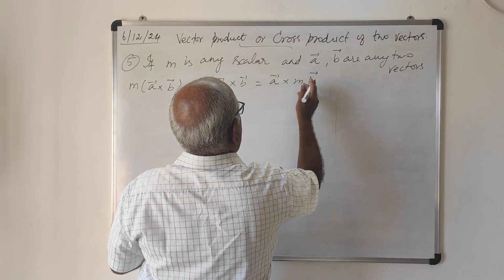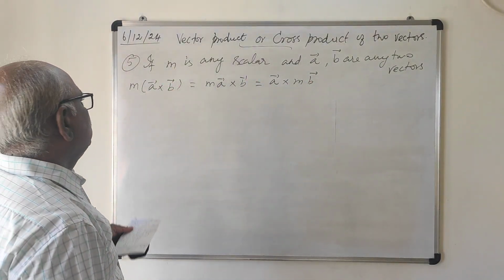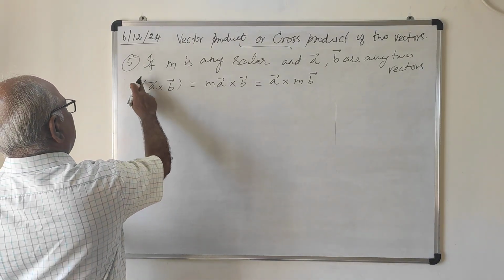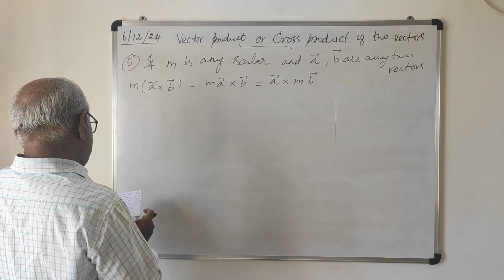So the scalar M can be associated either with A, with B, or with A cross B. M is any scalar, M into A cross B is MA cross B or A cross MB.